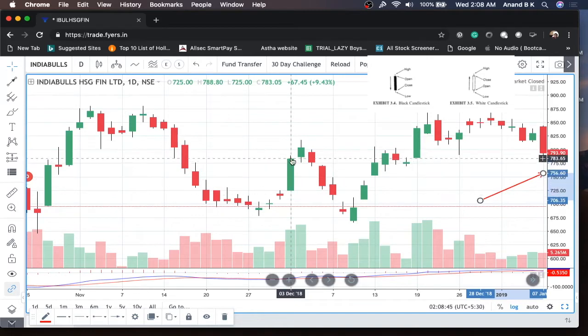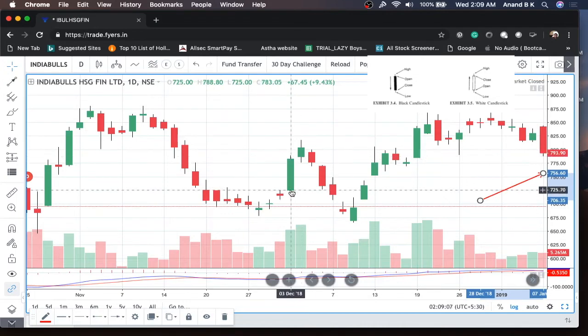So what it is saying is that a particular stock started trading at a particular price, and over the period of that day, as the price moved up, by 3:15, 3:30 when the market closed, it closed at 783. So on that particular day the price moved up.